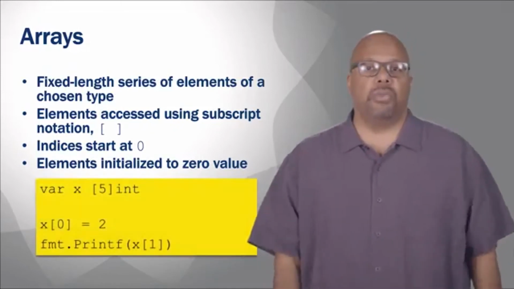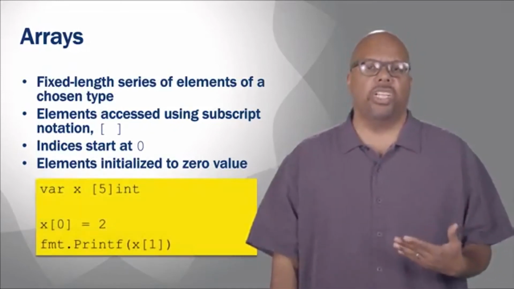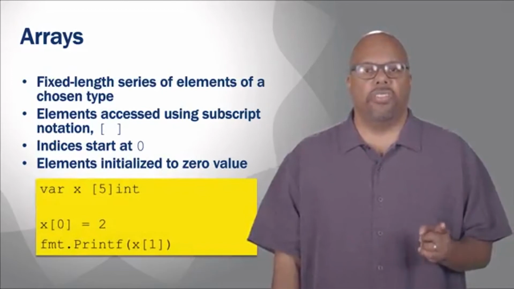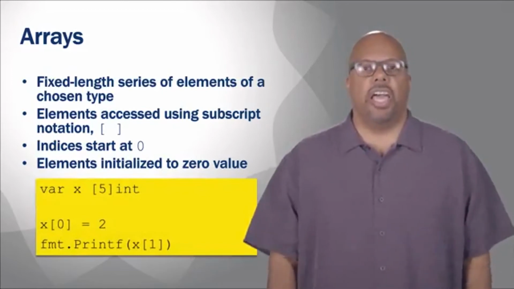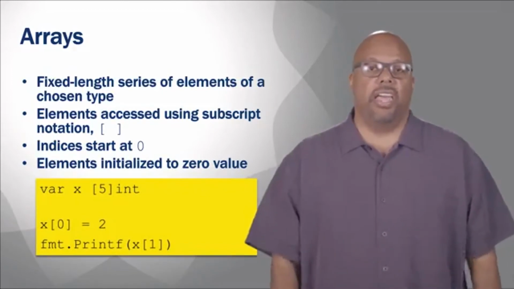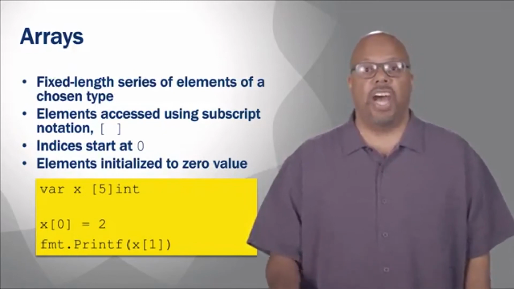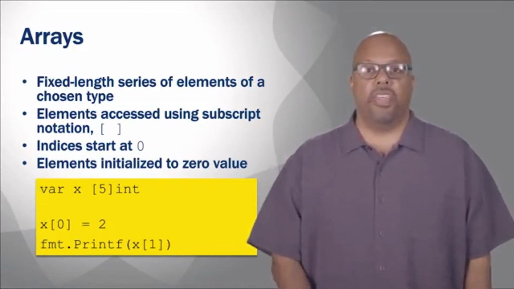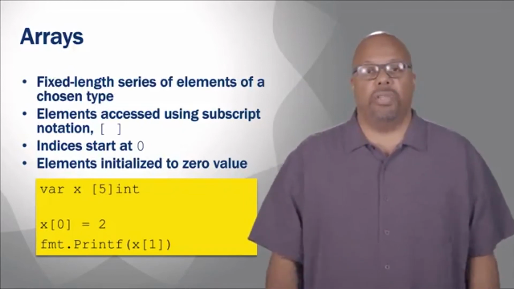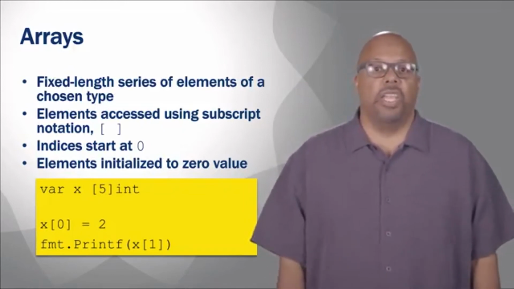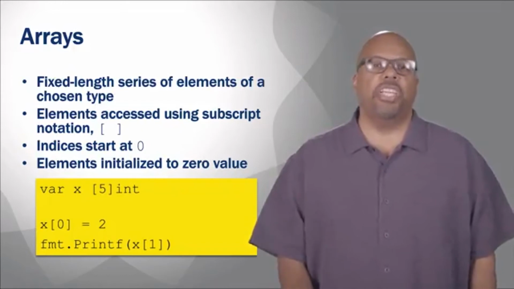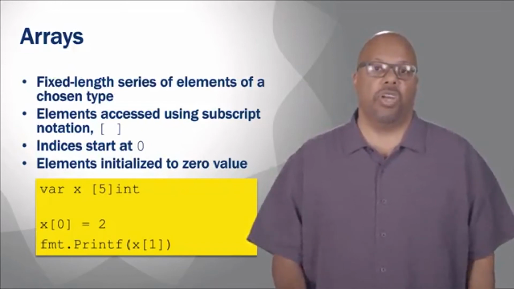So in this example, we're showing how you can declare an array. You see at the top var x, and then in brackets 5, int. The fact that it has the brackets 5 tells you this is supposed to be an array of 5 integers. So that's how you declare an array, and that would be initialized to zeros by default. Then on the next line, I refer to a particular element, x bracket 0.